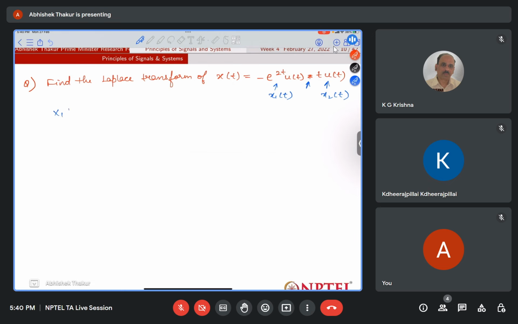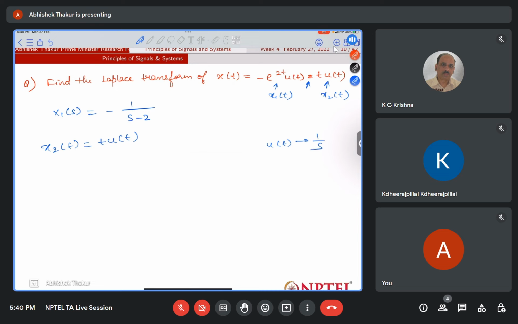So X1(s), this is minus e to the power 2t u(t), so it will be minus 1 by s minus 2. And x2(t) is equal to t into u(t). So, we know that for u(t), the Laplace transform of u(t) is 1 by s.